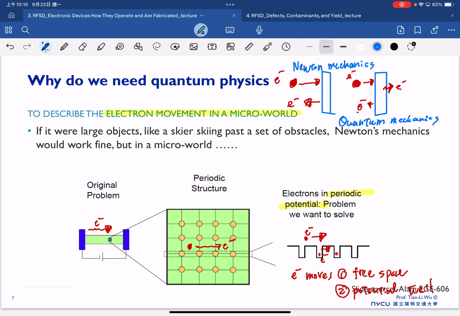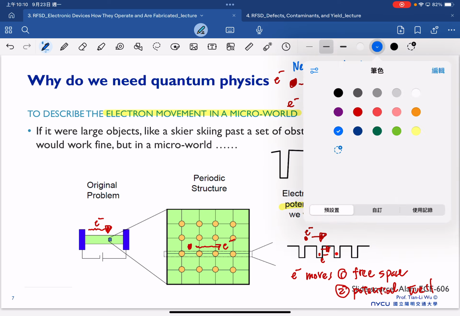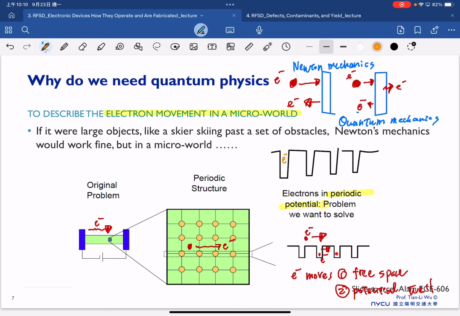And what does this imply for us? This implies that even if we have this kind of periodic potential, just as described before, if we have the electrons inside this periodic potential, it is possible for the electron to move to another well, even if this electron is located inside this potential well.